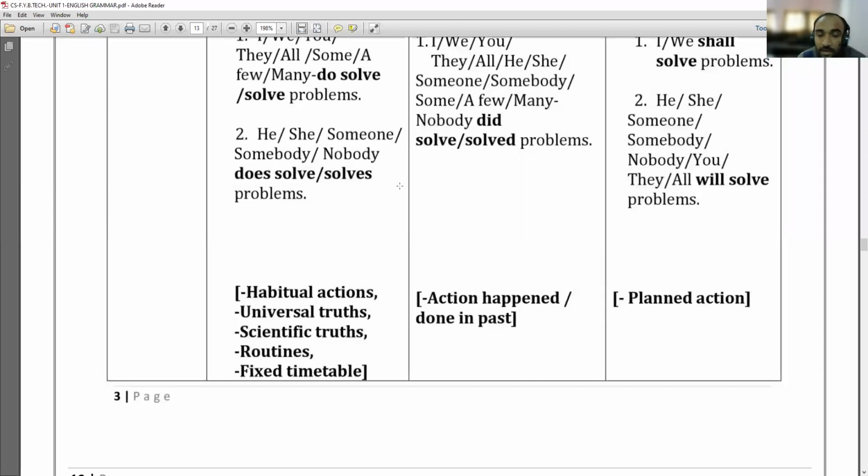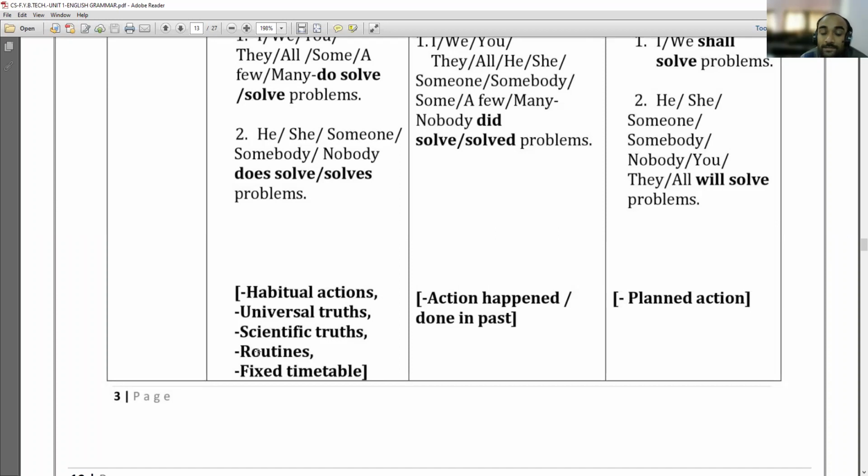I have made the division of that verb, that is floats. What is the division of that? Float, or does plus float. तर does plus float याच्याऐवजी मी काय वापरलं तर फ्लोट्स वापरलं. ऑइल डज फ्लोट ऑन वॉटर असं म्हणण्यापेक्षा मी म्हणलं ऑइल फ्लोट्स ऑन वॉटर.